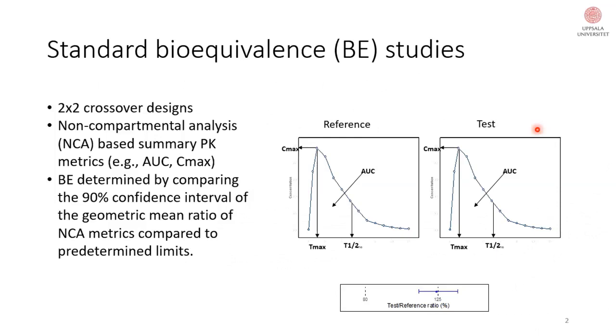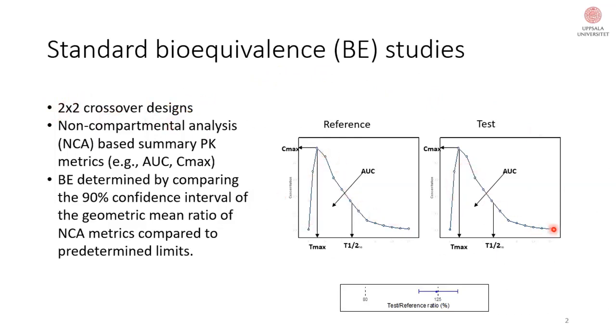So just so that we're on the same page, let's think about standard bioequivalence studies. In standard bioequivalence studies, we have 2x2 crossover designs, which are then analyzed based on some non-compartmental analysis. Those NCA-based calculations typically take summary PK metrics like areas under the curve.